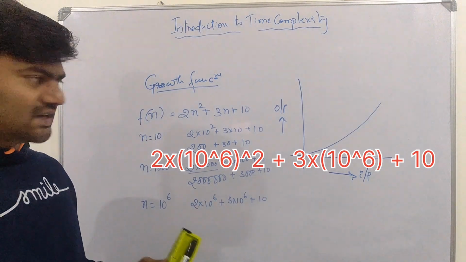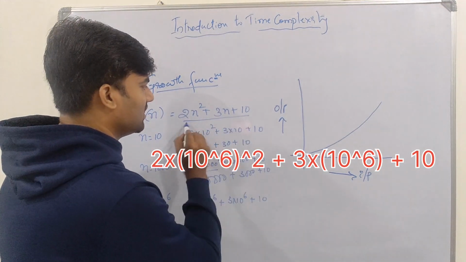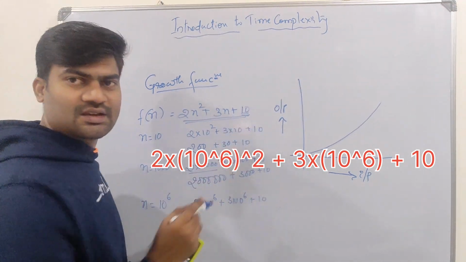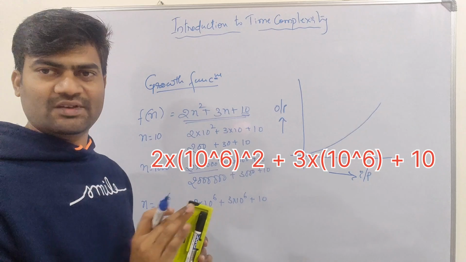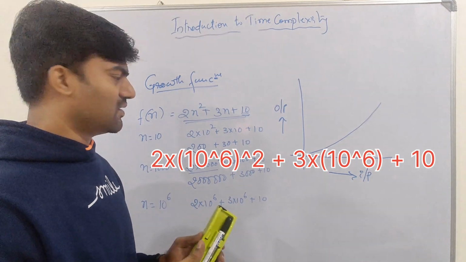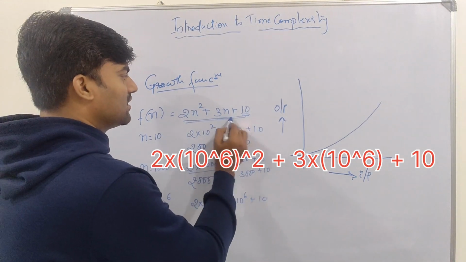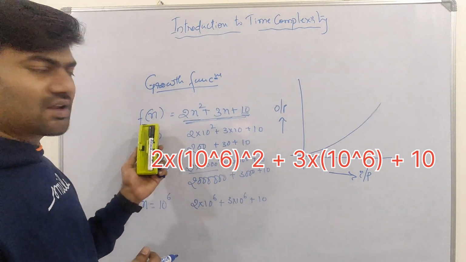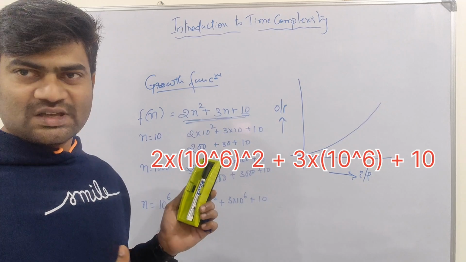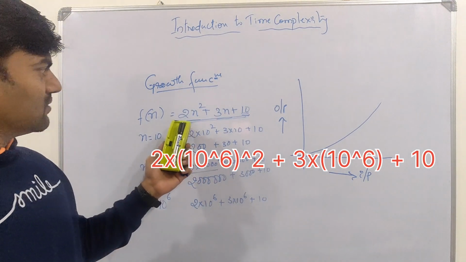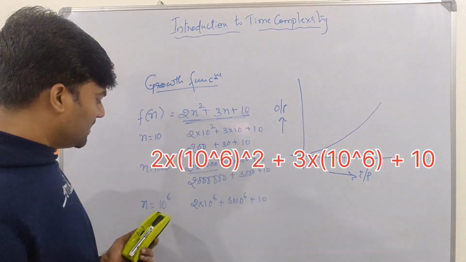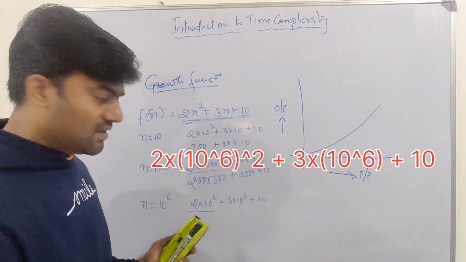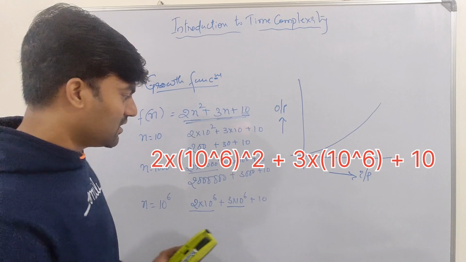If we consider this particular term, from the earlier example we know it is a constant, so its contribution to the output is very small. 3n and 2n square are going to contribute to this f of n. There is a purpose why I am explaining this. As we increase the value, this term becomes very big and this term is also a little bit big comparatively.